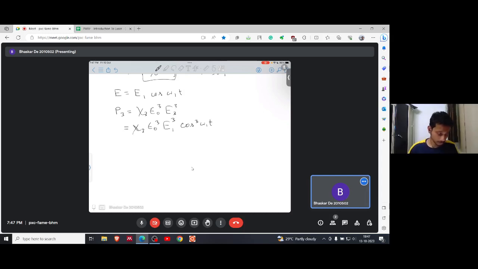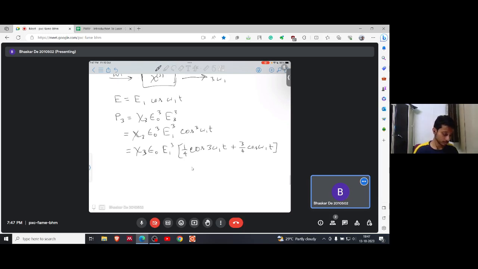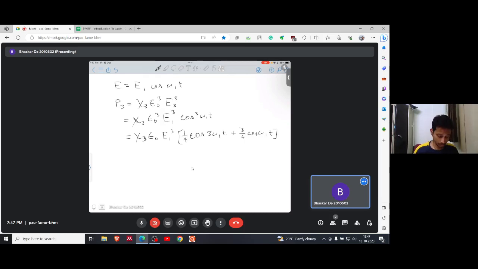So now this is cos cubed omega 1 t. If we simplify that using a trigonometric relation, we'll have 1 by 4 cos 3 omega 1 t plus 3 by 4 cos omega 1 t. So the first term contains an electromagnetic wave of frequency 3 omega 1. This is the term associated with the process of third harmonic generation.